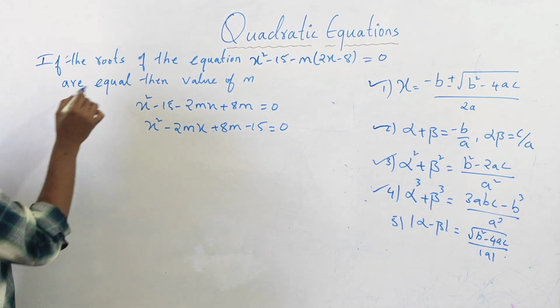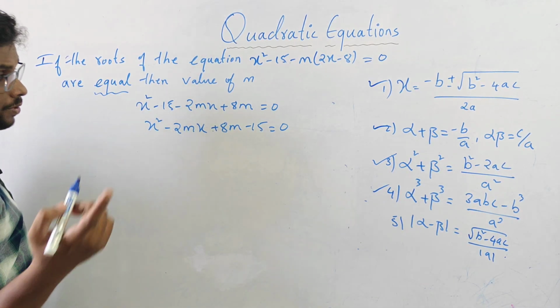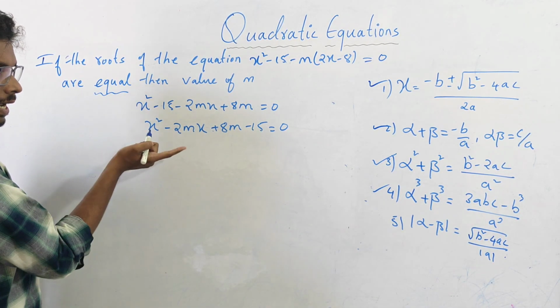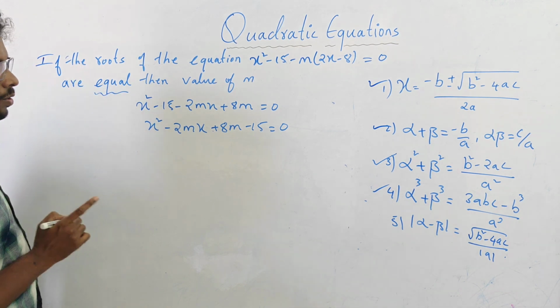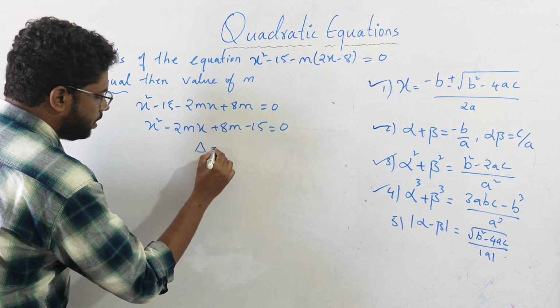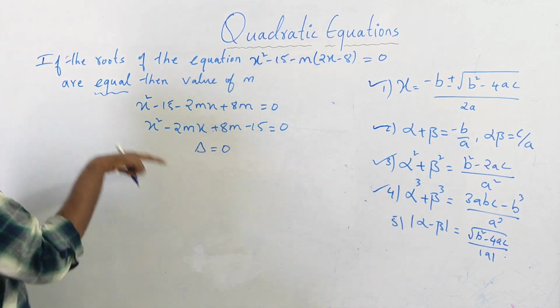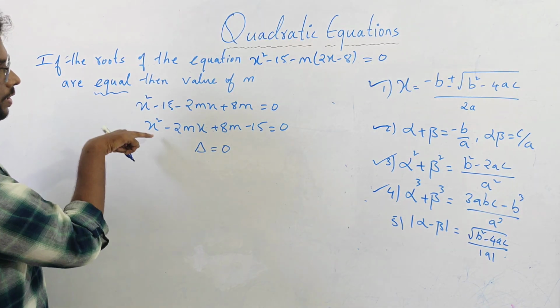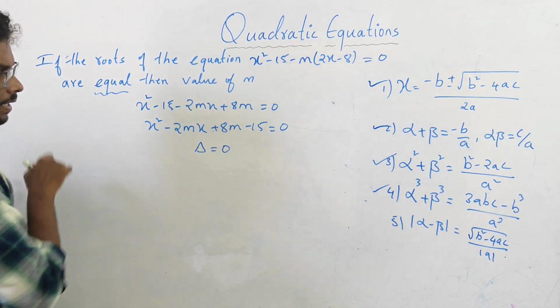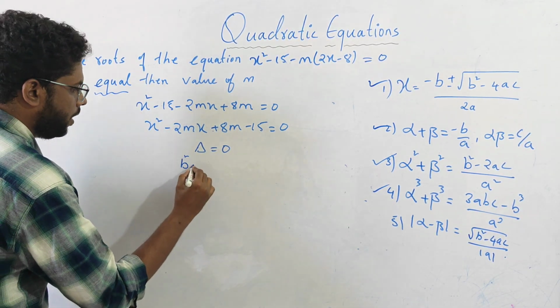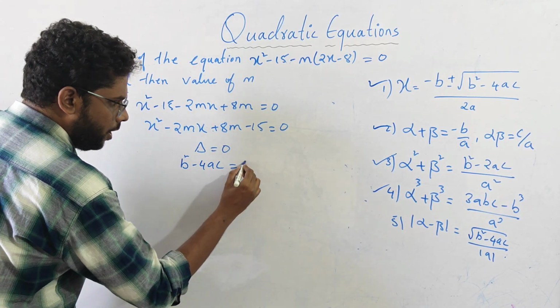Now what is it telling? Roots are equal. When the roots are equal, the discriminant should be equal to 0. Only then can we say that the roots alpha and beta of this equation are equal. So first find the discriminant. What is the discriminant? b square minus 4ac should be equal to 0.